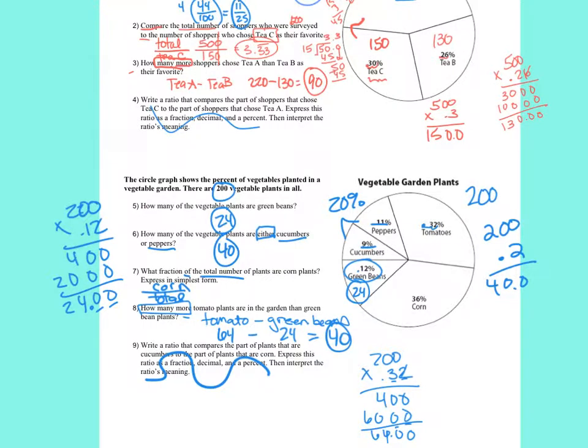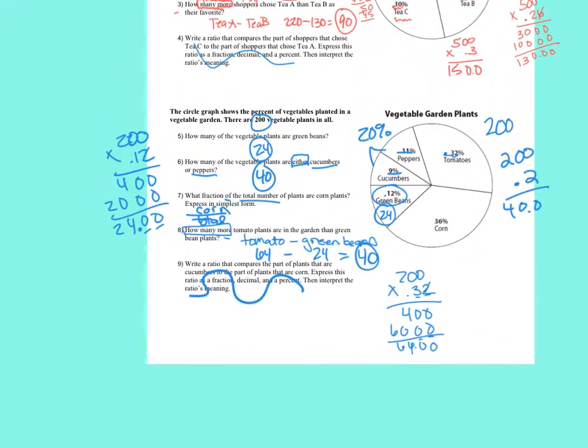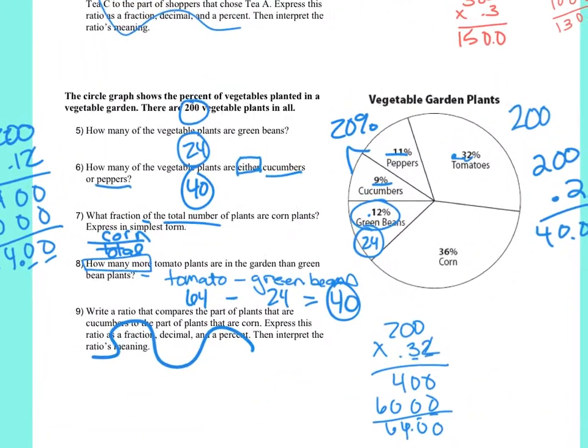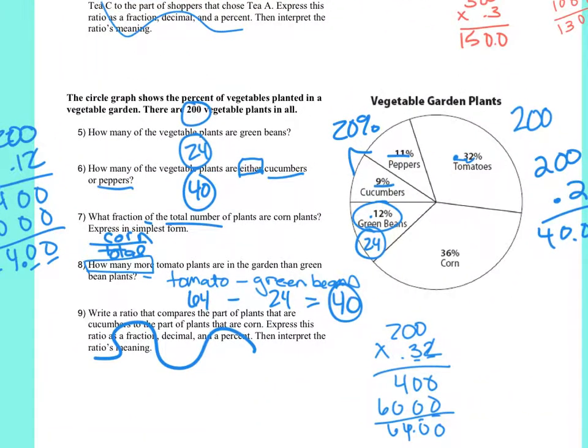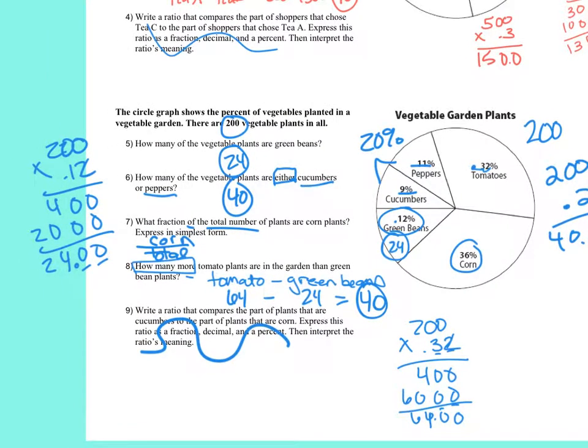Okay, and then same thing down here at the bottom, maybe. Okay, it just went crazy. On number 7, what fraction of the total number of plants are corn plants? So you can do like we've been doing and get the actual number. You'll get the same answer as far as a fraction, but it is a lot easier if you just see it as the percent out of 100. And so there's 36% corn out of 100%.